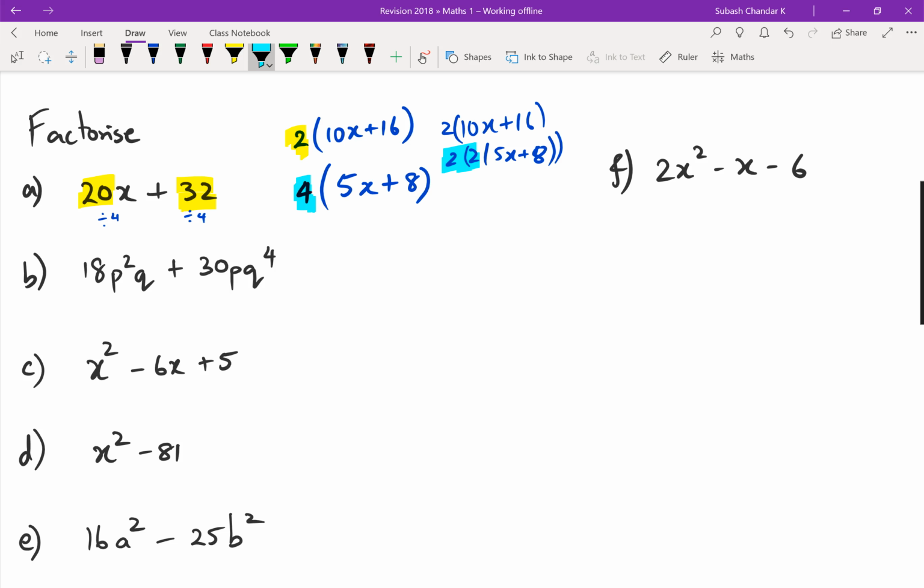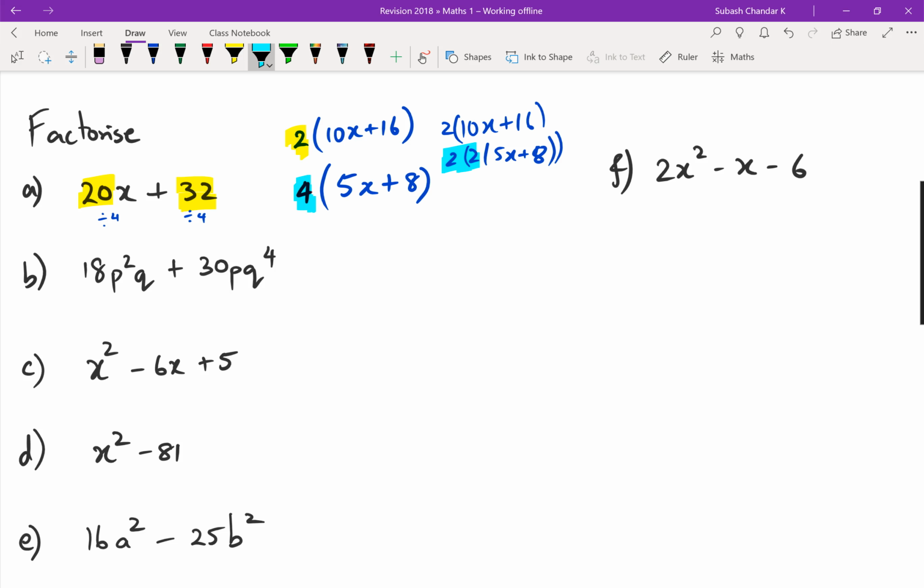So always, when you finish it, look at the numbers and ask, can I break it down any further? Okay, so that was A. Going to B, I use a similar tactic here. I look at 18 and 30. What's the biggest number I can use? It's got to be 6. But I will understand if some people decide to go with 3.